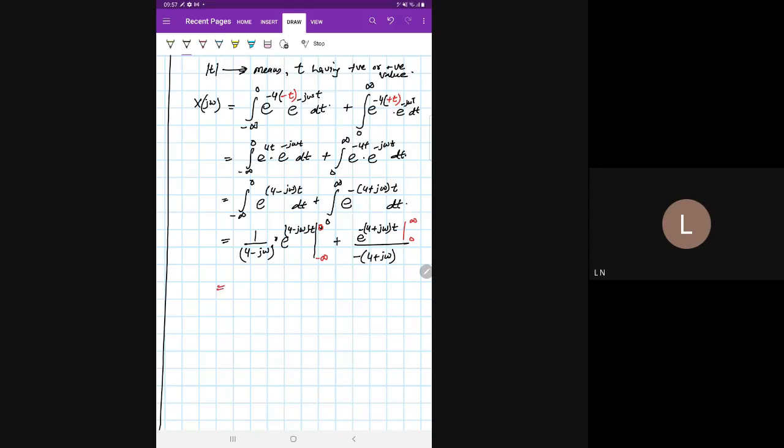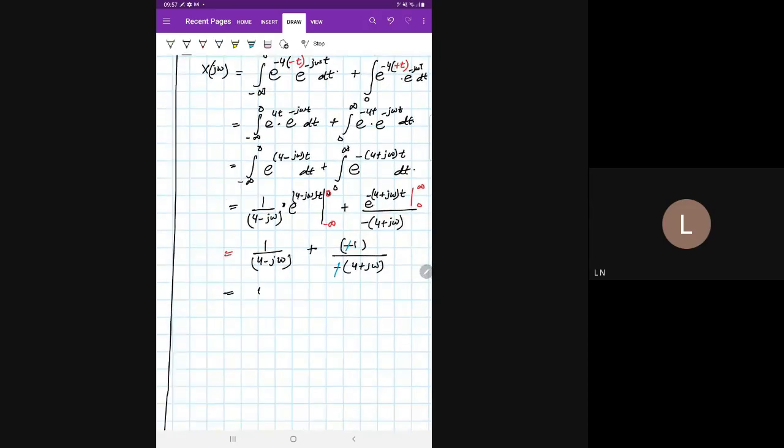If we simplify, e raised power 0 is 1, and e raised power minus infinity is 0, so applying limits we have 1 divided by 4 minus j omega, plus minus 1 divided by minus 4 plus j omega. Now you have a negative sign in the numerator and a negative sign in the denominator, so we can simplify it. It will be written as 4 plus j omega plus 4 minus j omega divided by a plus b into a minus b, which is equal to a square minus b square.